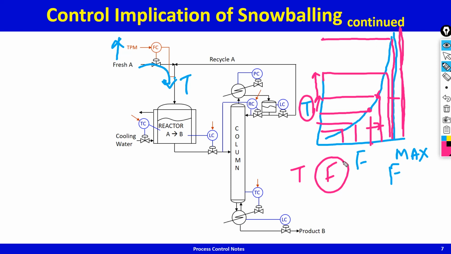The major thing that using T as the throughput manipulator brings is that you are guaranteed that you'll end up at a steady state, but there is non-linearity. What's the non-linearity? When you are at low production amount, this amount of change brings about this amount of change in production.